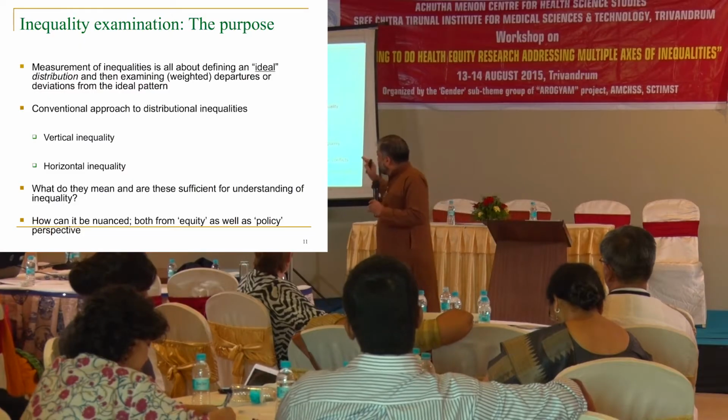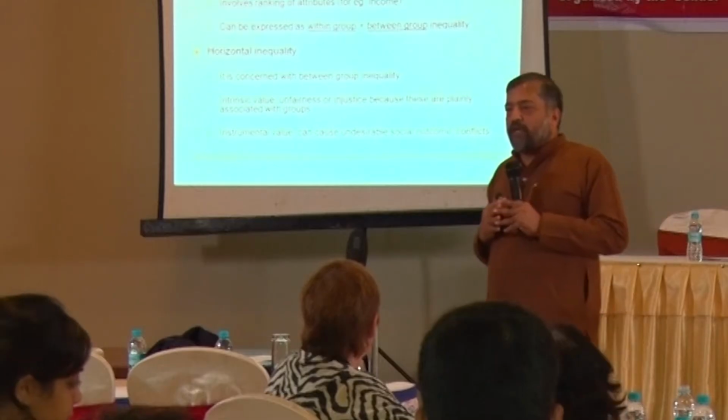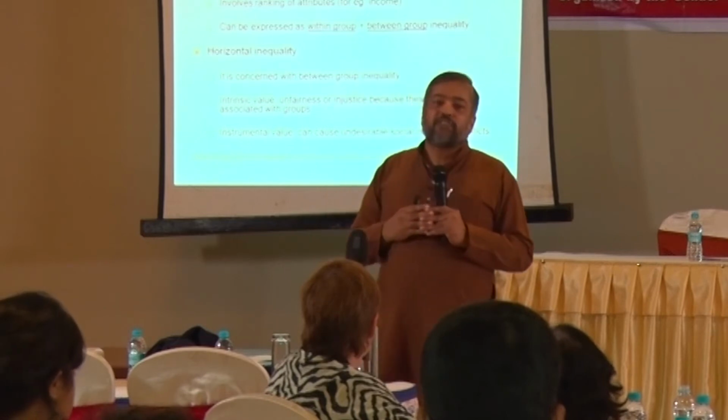So we have vertical inequality, and in these two kinds of inequality, how do you bring intersectionality? In vertical inequality, as you know, there is no identity involved. It's simply count based. Vertical count based inequality is still important for intersectionality, because here I don't give an attribute, but I can give a distribution share, like what people do about percentile, decile.